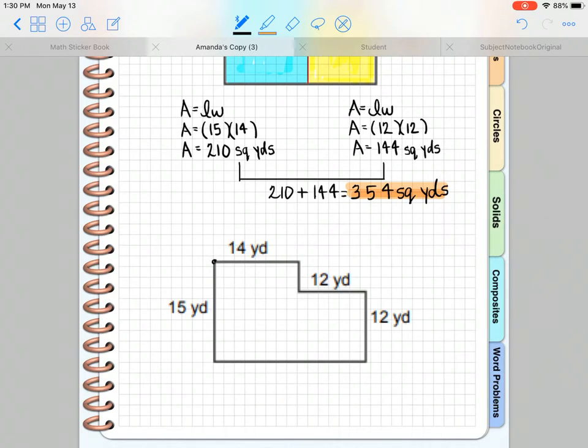Make sure that you have all of your sides accounted for. So here's 1, 2, 3, 4, 5, and then back up to that corner is 6 sides. So this is a hexagon. There are 6 sides that we need to account for.